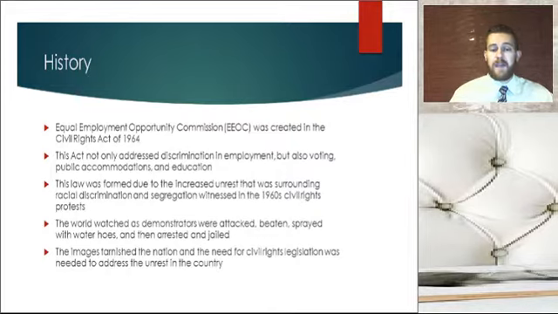The law was formed due to increased unrest surrounding racial discrimination and segregation witnessed in the 1960s civil rights protests. The world watched as demonstrators were attacked, beaten, even sprayed with fire hoses, and then arrested and jailed. The images actually tarnished the nation, and civil rights legislation was needed to address the unrest in the country.